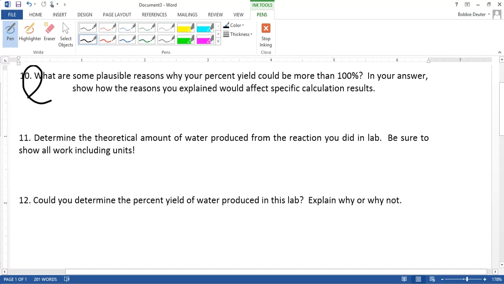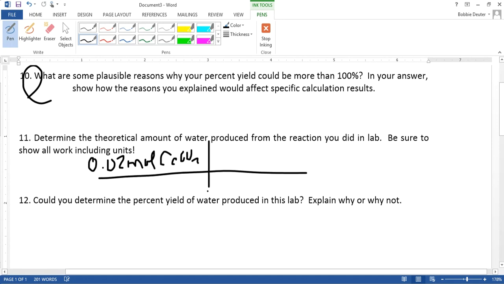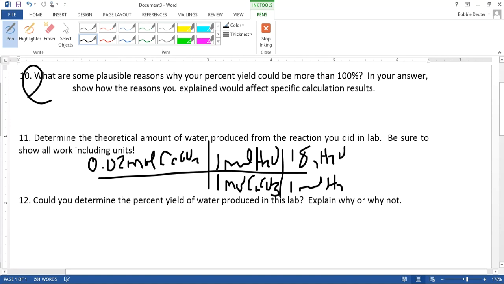But let's determine the amount of water produced theoretically. You know from earlier when you solved, because I looked at your sheet, that you do have 2.2 moles of calcium carbonate. Okay, we want to convert that into water. So we have 1 mole of your CaCO3 to produce 1 mole H2O, 18 grams of H2O.